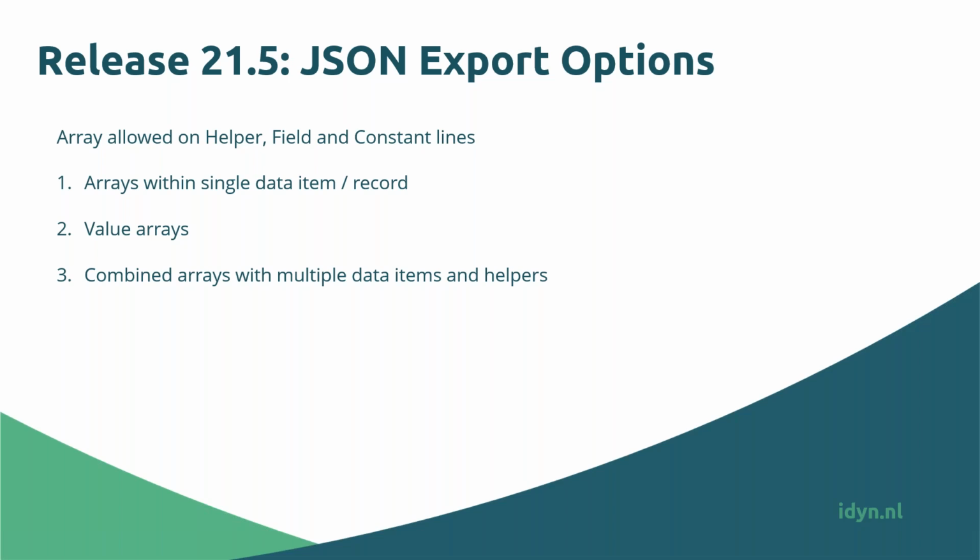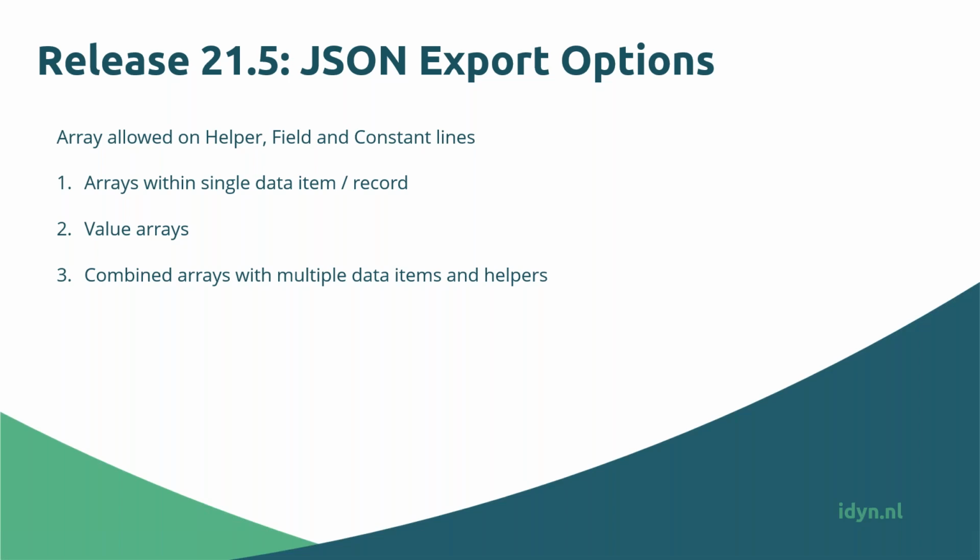So with JSON, we have a lot of options available with regards to how the data is structured, or I should say the JSON options include quite a lot of options, including simple JSON objects, arrays, arrays based on values.